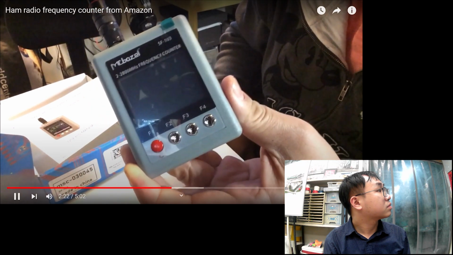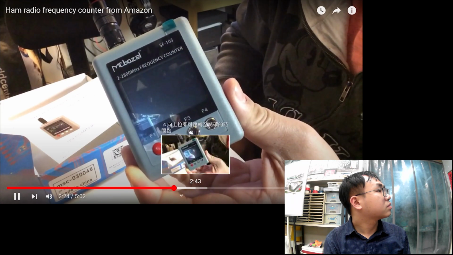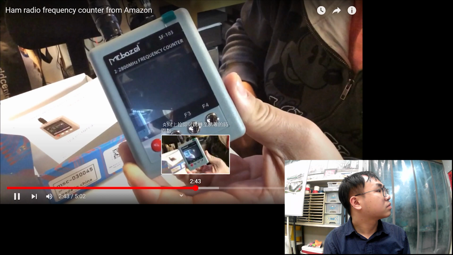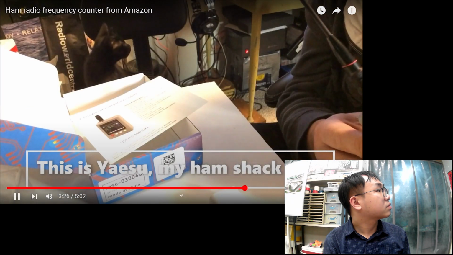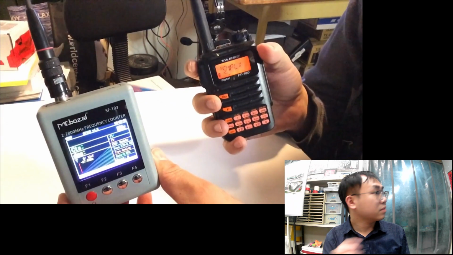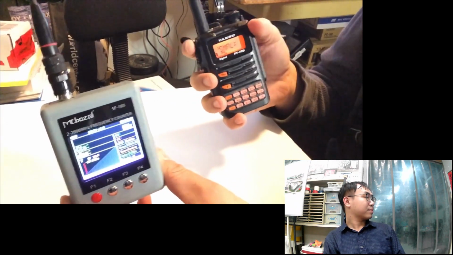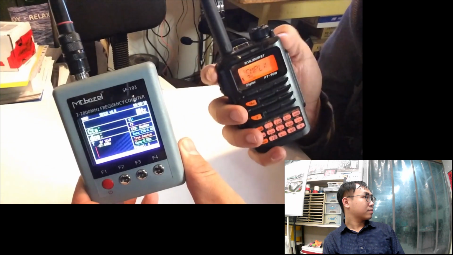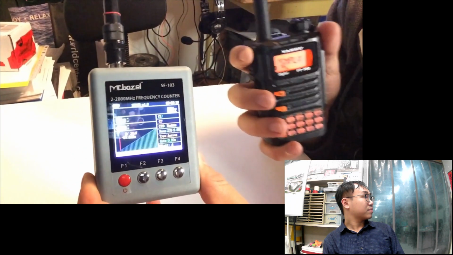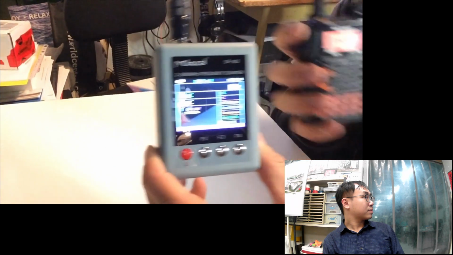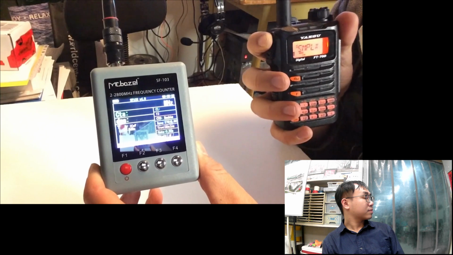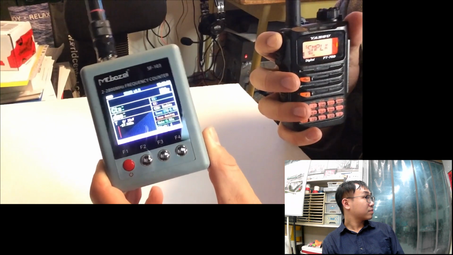So I bought this to be able to take three radios, key up on the next channel and see what it shows. So stick around for 5 minutes. This is a simplex frequency, and I'll see how accurate this is. The simplex frequency is 146.520.